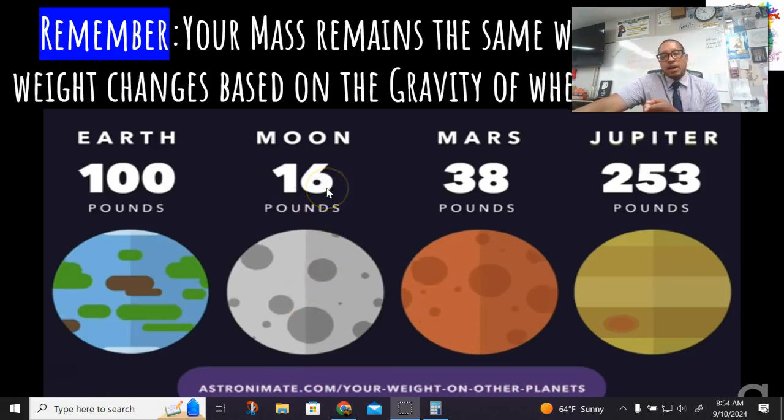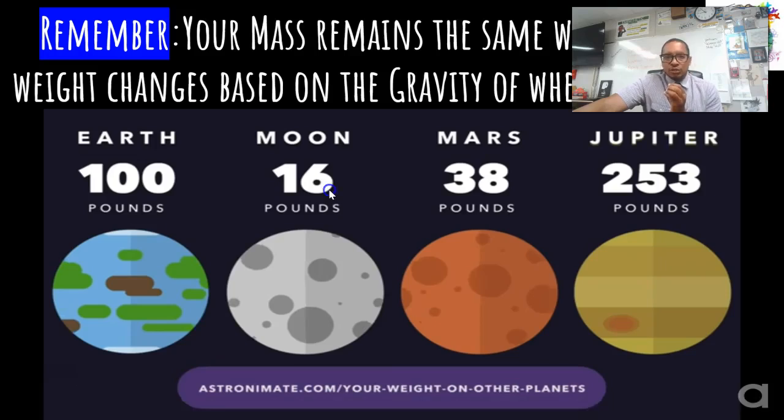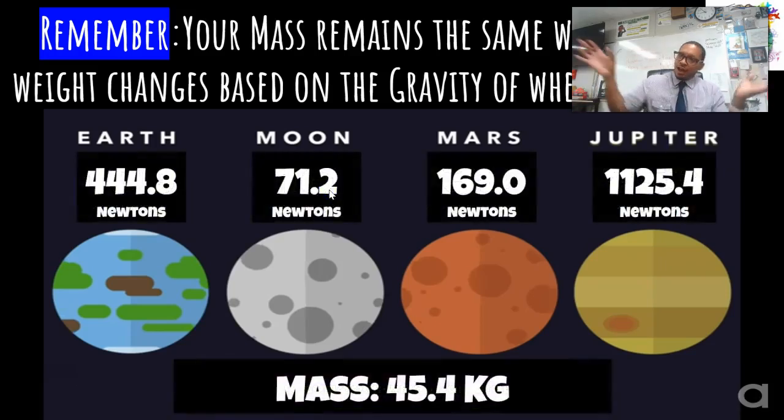So instead of pounds, what we use is newtons. Kilograms is what the metric system uses for mass. So the measurement for mass would be the 45.4 kilograms.